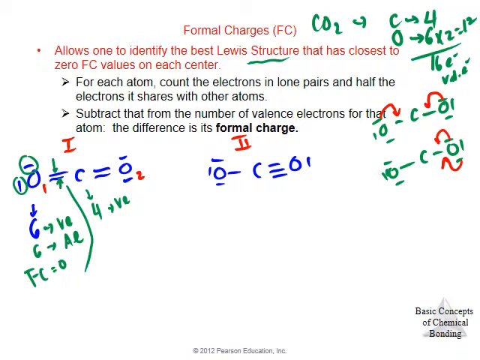And remember, you just take half of those shared electrons. So half of the shared would be, out of 8 you take half, that's 4. So 4 are assigned electrons. So let's put down AE. It is supposed to have 4, it does have 4. So there is no gain, no loss. So formal charge is 0.